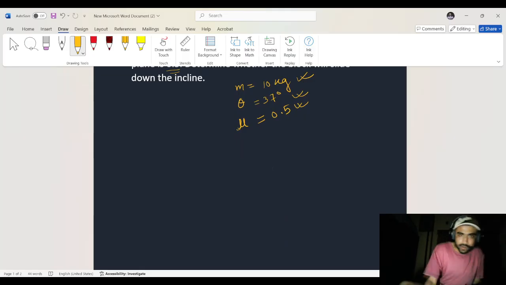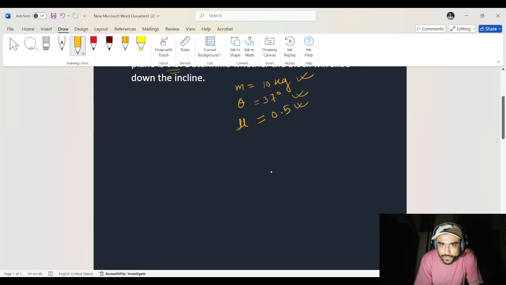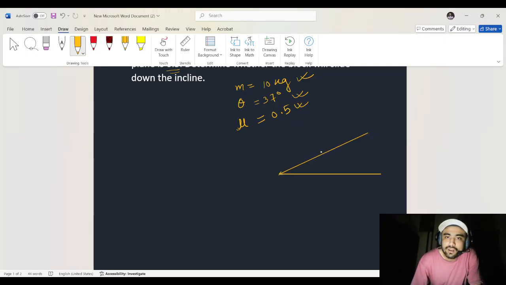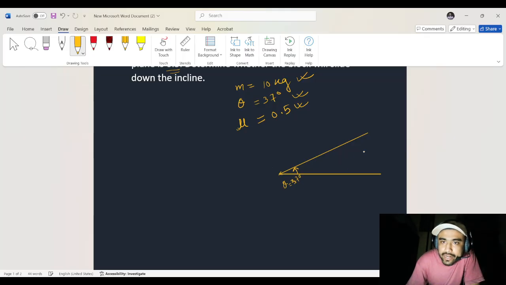This is the horizontal plane. Now this is the inclined surface. This is roughly around 30 degrees, so it is quite perfect. The value of theta is 37 degrees.